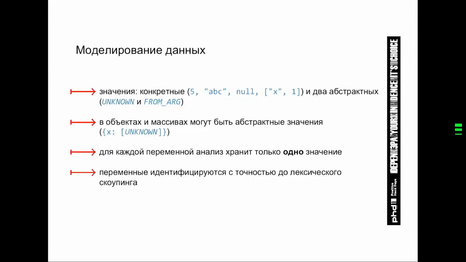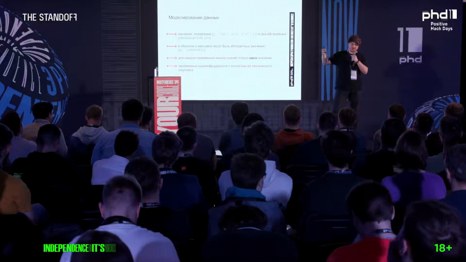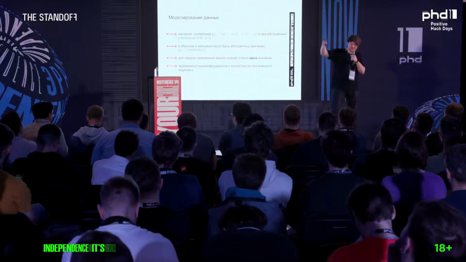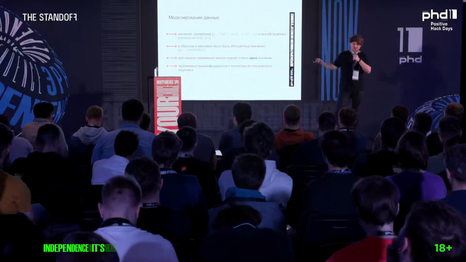Unknown means that this is something that we don't know, and from arg means that it comes from formal arguments of functions. When we look at the function, we don't know the values inside the arguments. You can only tell when it's invoked. So for unknown values of function arguments, from arg is used.